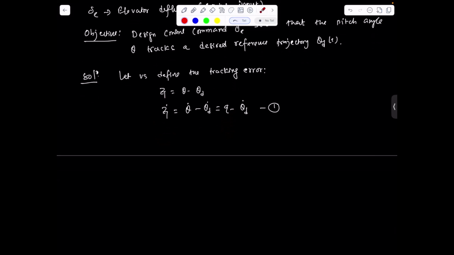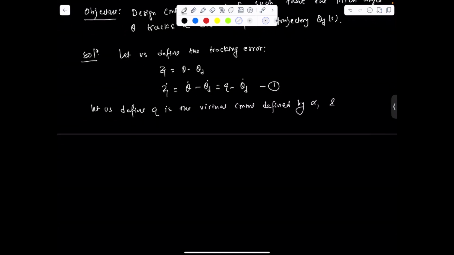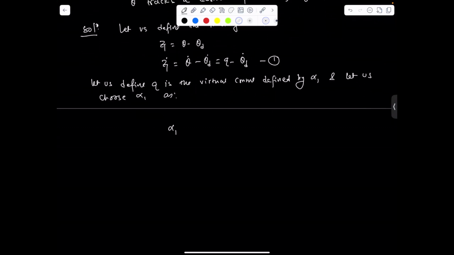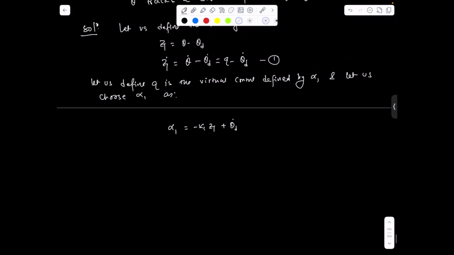Now let us define q as the virtual control defined by alpha 1, and let us choose alpha 1 following the same process you have seen in the previous examples: alpha 1 equals minus k1 z1 plus theta d dot. Let us call this equation 2.